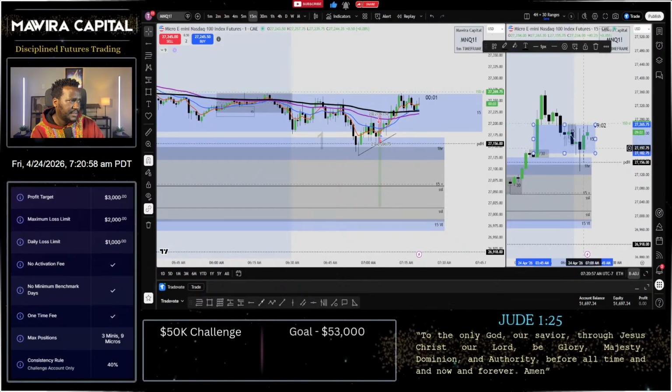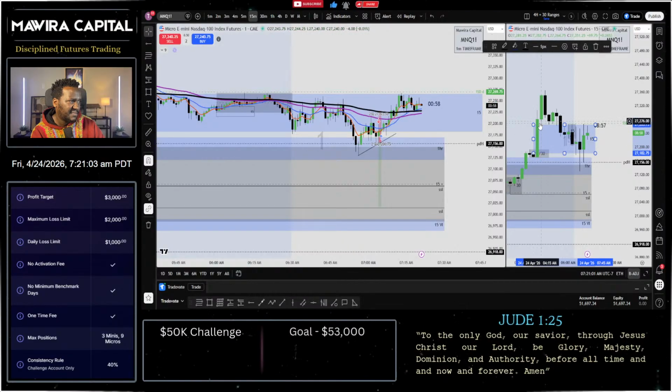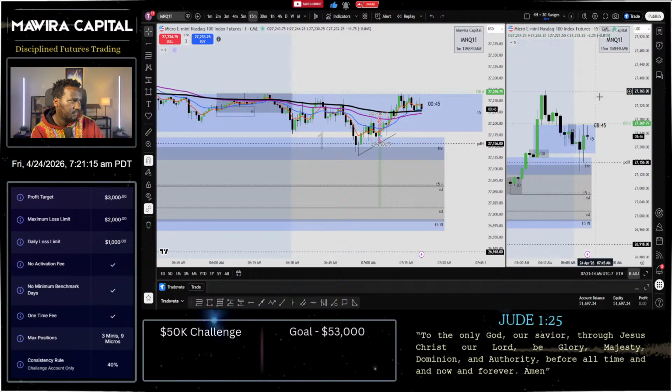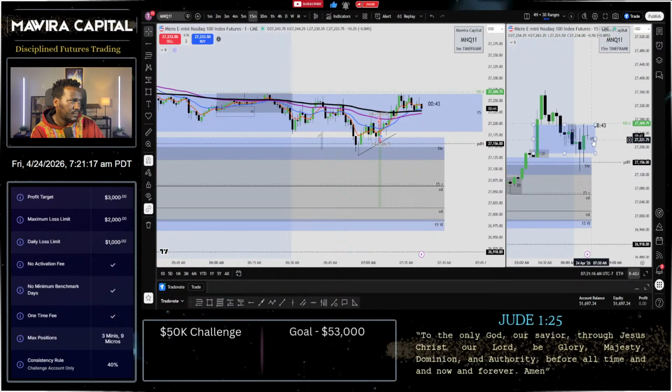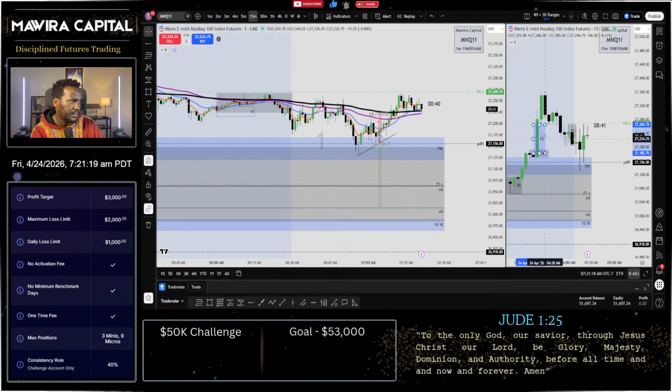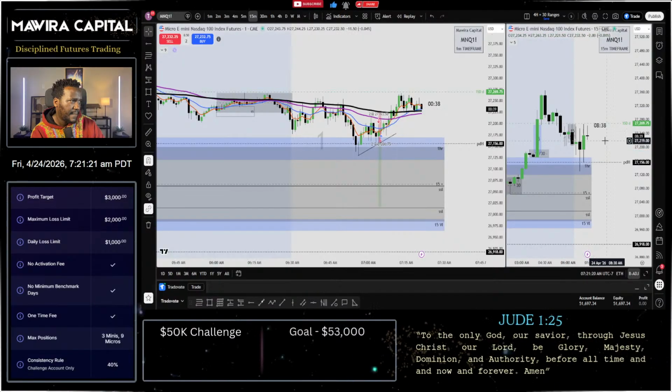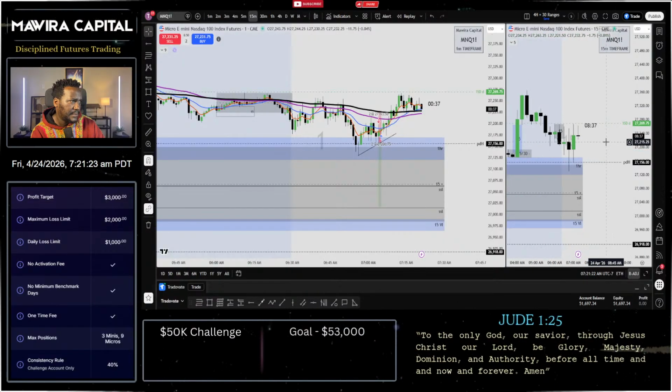Look at the bodies kept in between this 15-minute fair value gap, but these wicks and the previous and the after candles are not touching. I'm going to put that to the side. I think, what is this, the 15-minute?